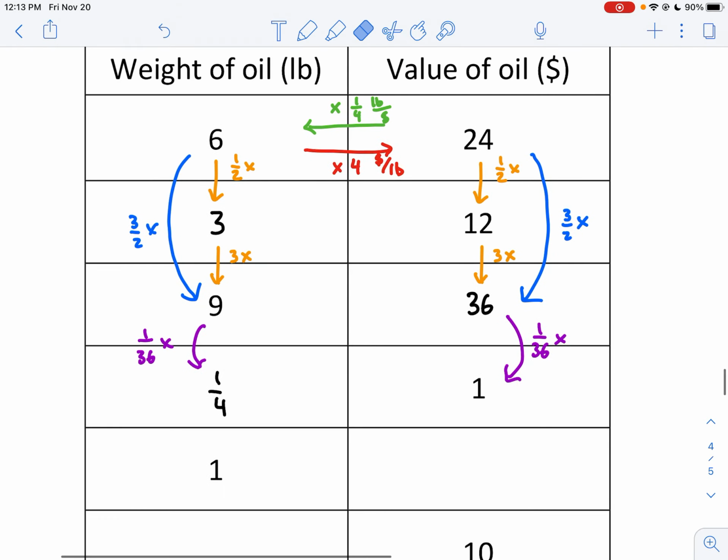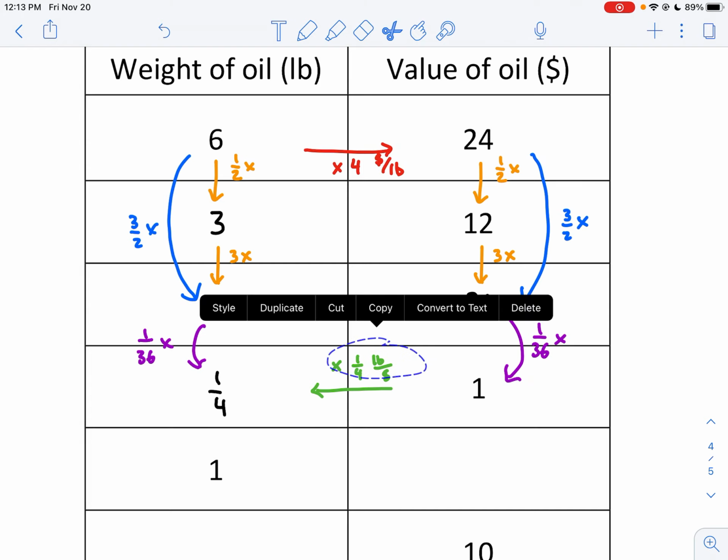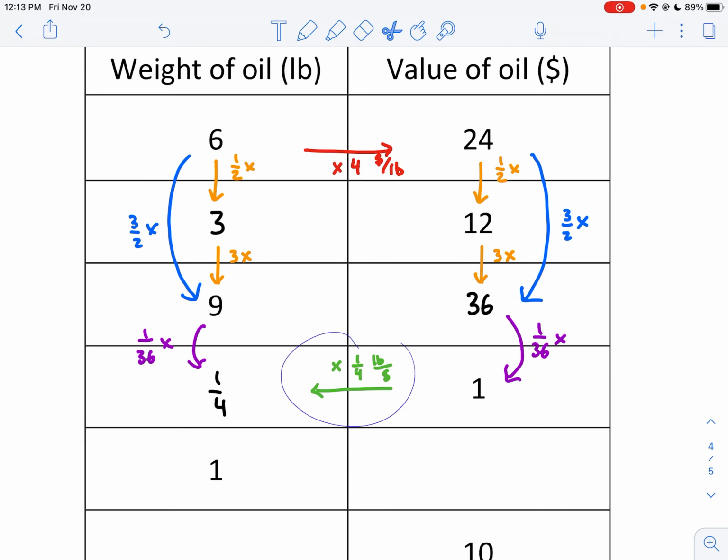Another way I could have done this is to grab this conversion, take $1 and multiply it by 1/4 pounds per dollar. And that 1 times a quarter will give me that quarter. You can always use these to go across the columns of the table, but if you want to alter the rows of the table, you do tandem scaling.